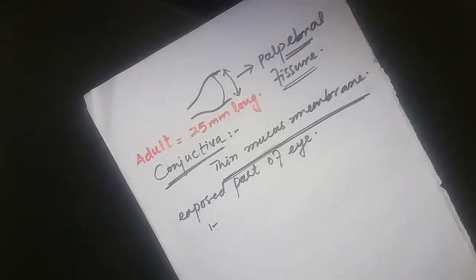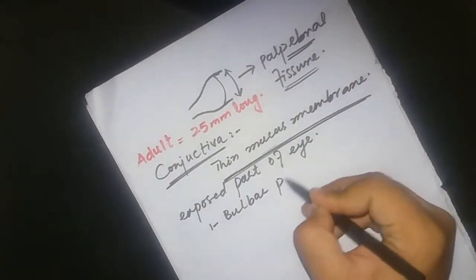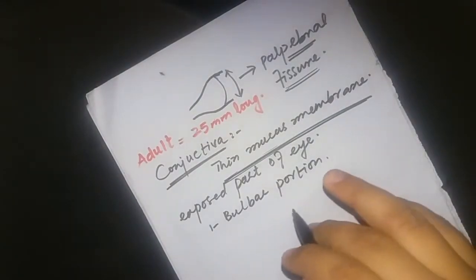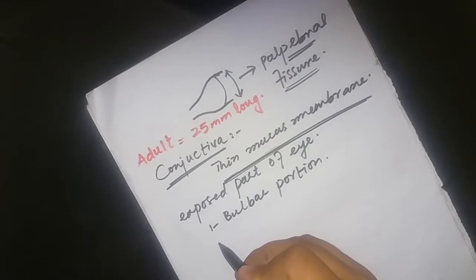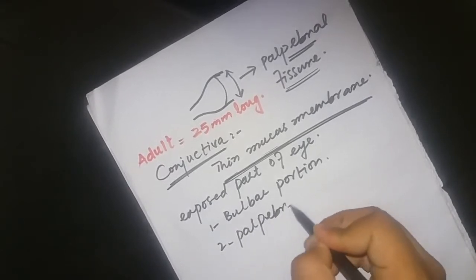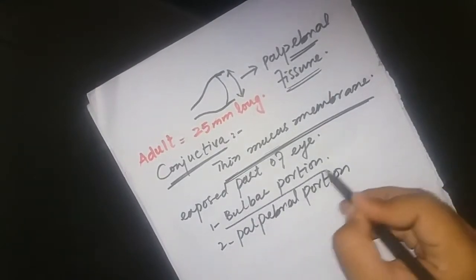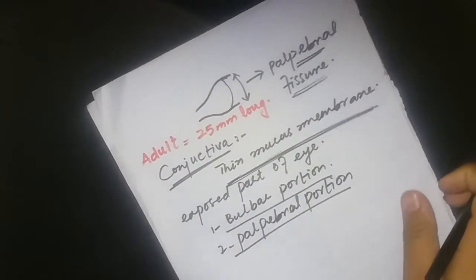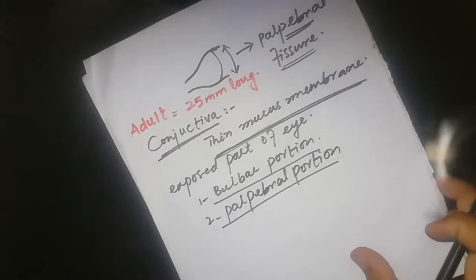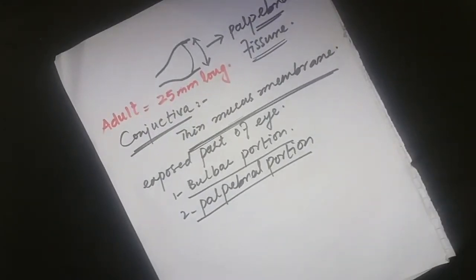The part which is present on the cornea is known as the bulbar portion, and the part which is present in the eyelids is known as the palpebral portion. What the bulbar and palpebral portions are, I will discuss later when I draw the structure of the eye very clearly, and I will tell you everything clearly when I draw every part of the eye.